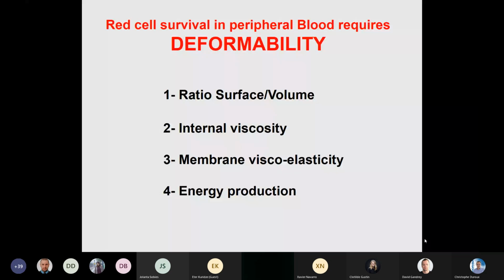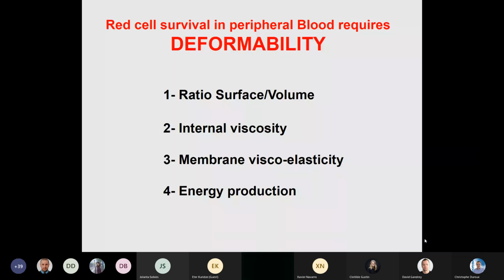So for example, in hemolytic diseases where water is going out of the red blood cells, when you have red cell dehydration, the internal viscosity will increase and the deformability will decrease. This is, for example, what you can see in spherocytosis, but also in dehydrated stomatocytosis, and we are going to talk a little bit later about that.